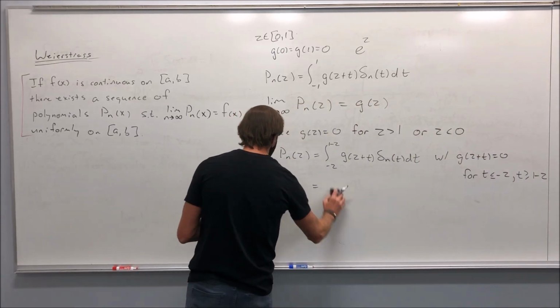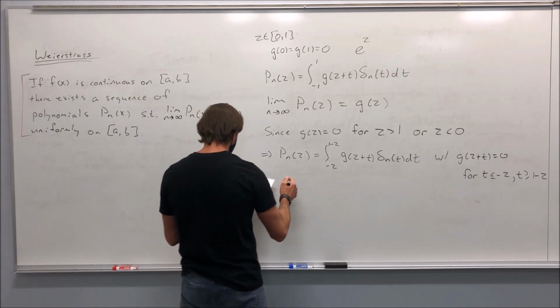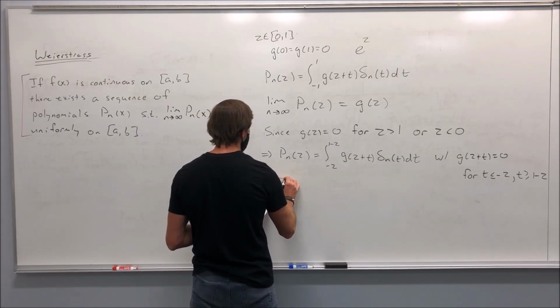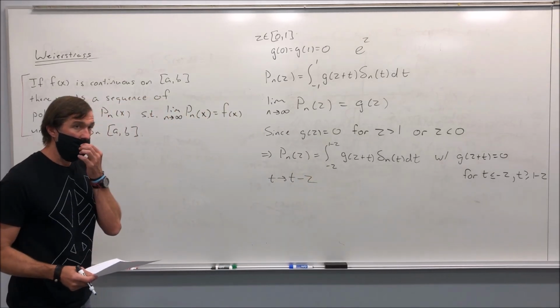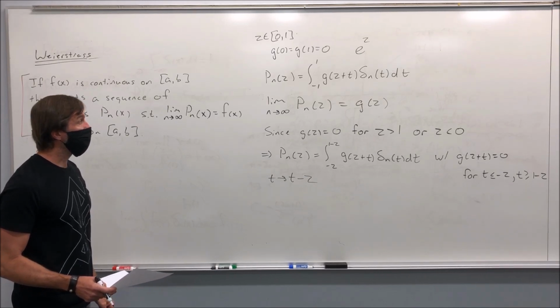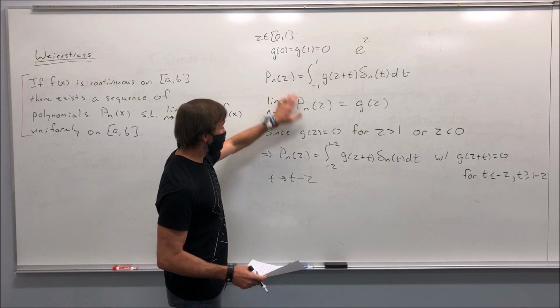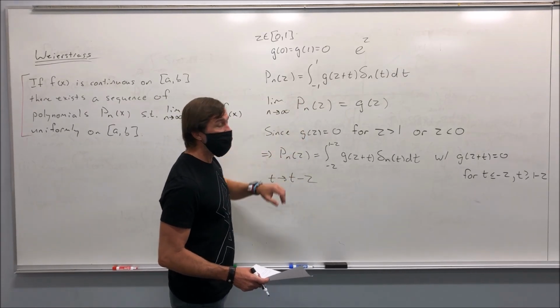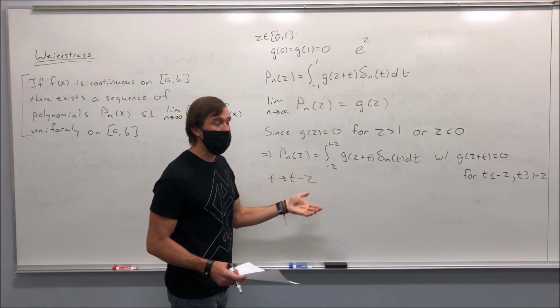Then we can take this expression and simply replace t with t minus z. We're integrating over t, and z is just the argument of this thing. So let's replace our integration variable by an integral over t minus z.